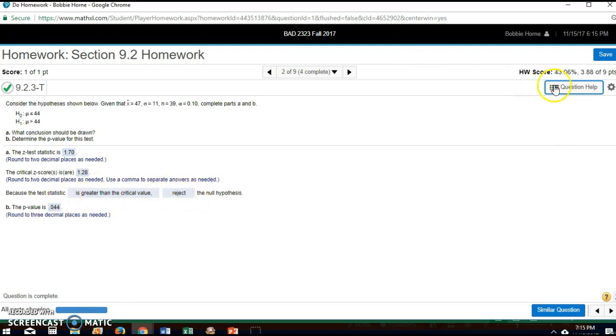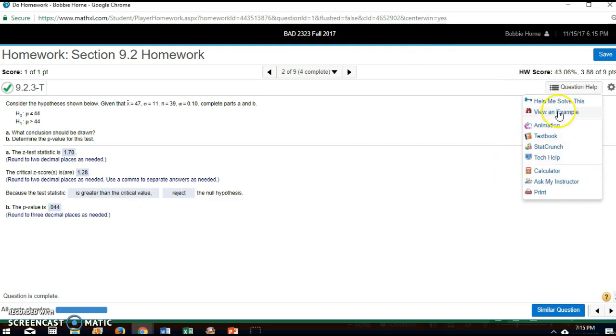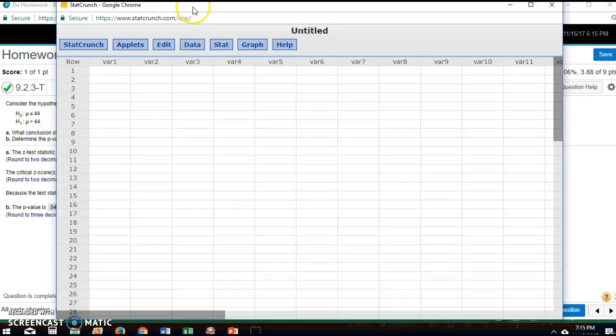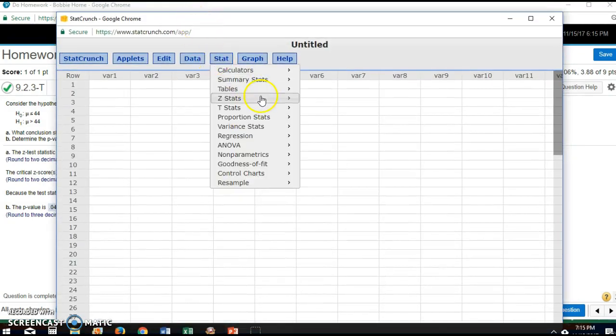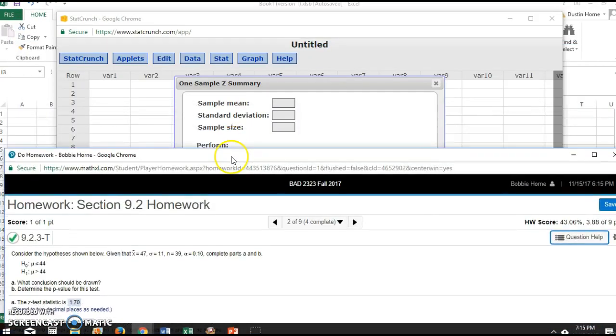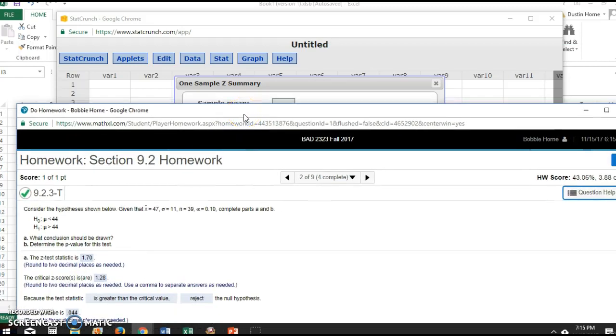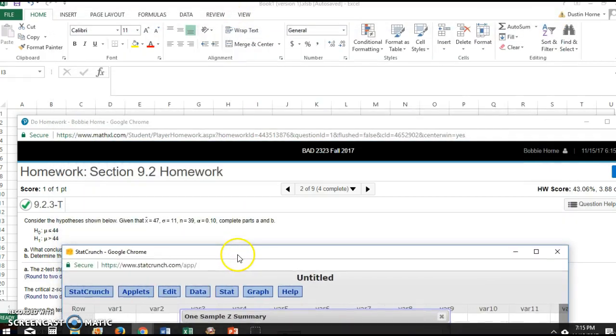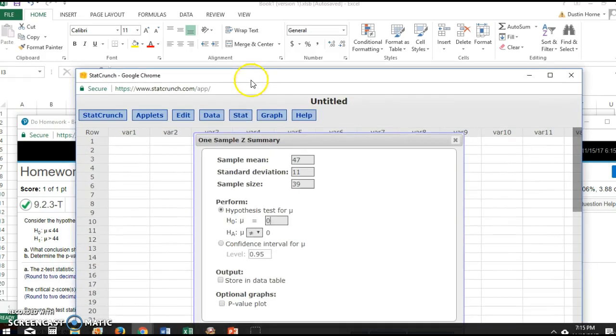Now, how do I find the p-value? The way that I found it was in StatCrunch. Stat, I think I went to Z 1 sample with summary, and my mean is 47, 11, and 39. And what was our hypothesis mean? 44.